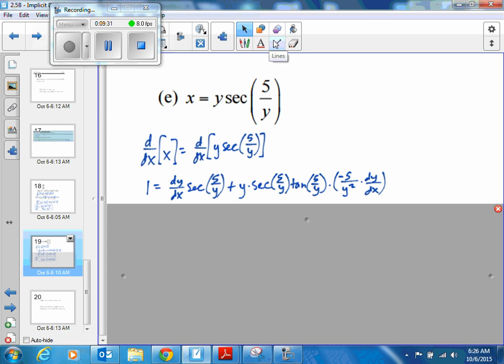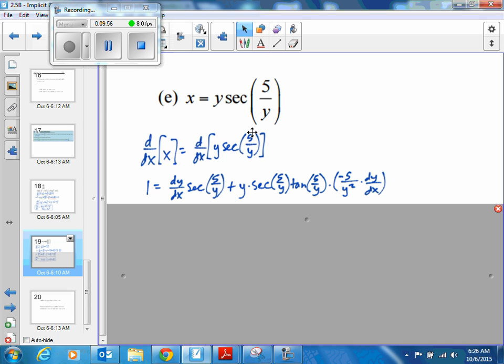That's not going to be easy. So what I need to do is realize that this is a chain rule. I've got an outside function, secant, and then I've got some stuff plugged into it, 5 over y. So derivative of secant, secant tangent, that's the derivative of the outside. Plug in the old inside, 5 over y, multiplied by the derivative of the inside here.